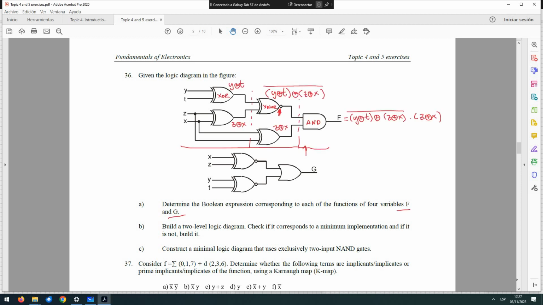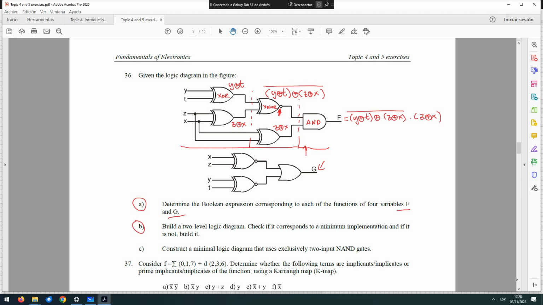So this is F. So we have finished A section, where we have to do the same for the G. That is quite easy.